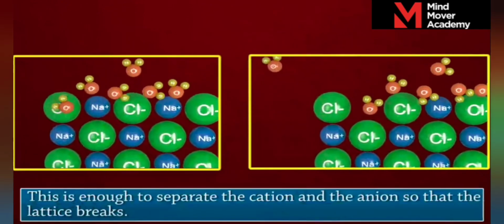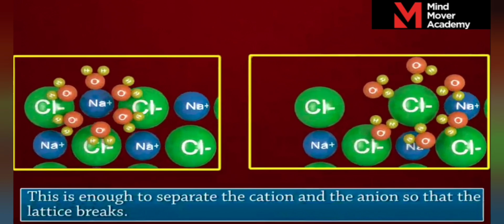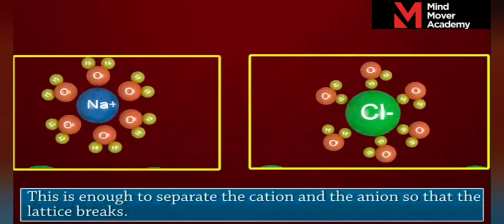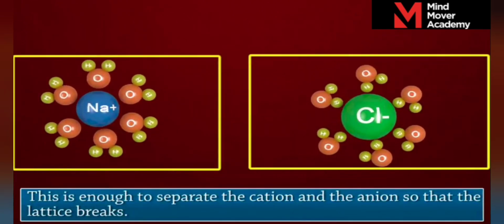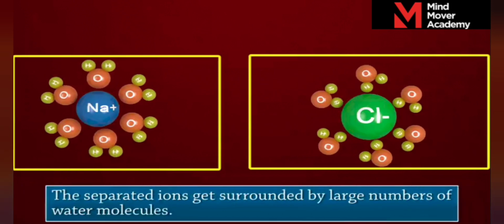Generally, this is enough to separate the cation and the anion so that the lattice breaks.